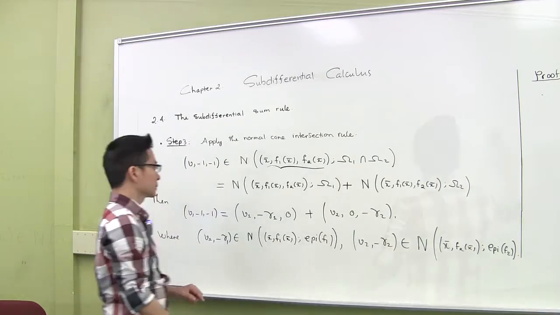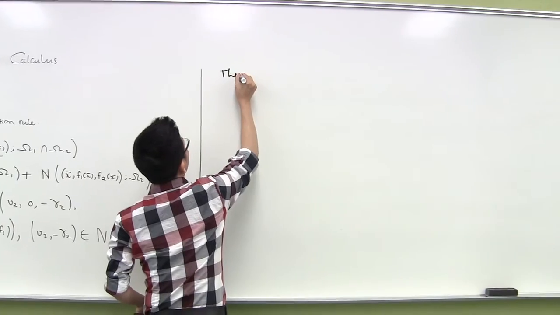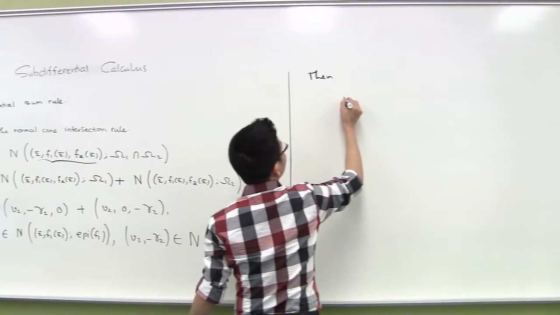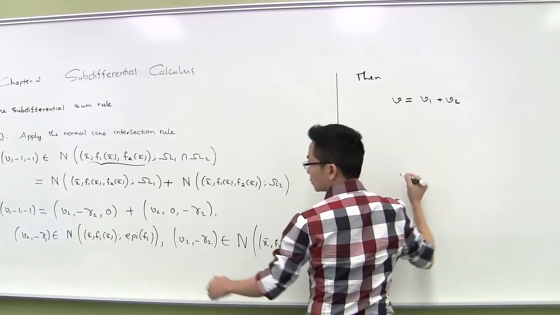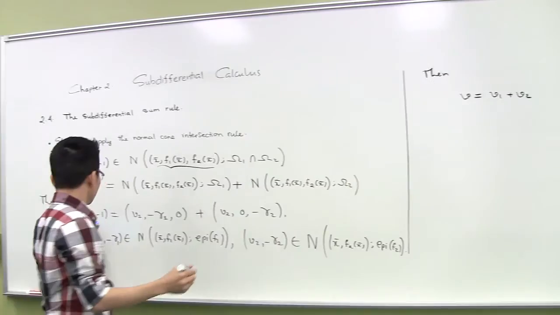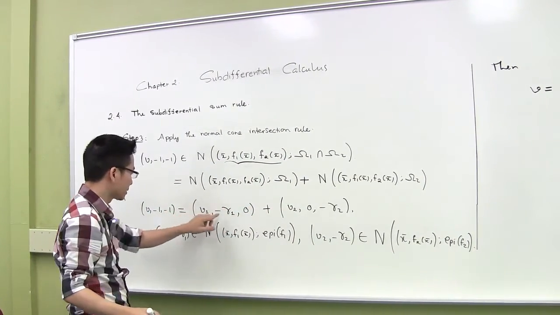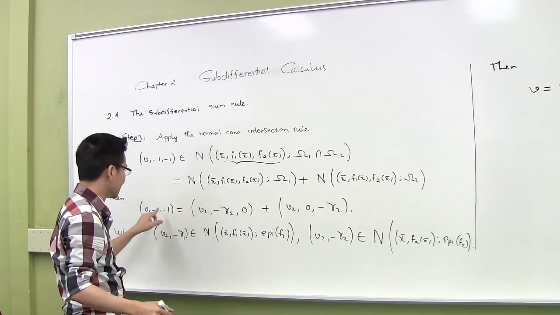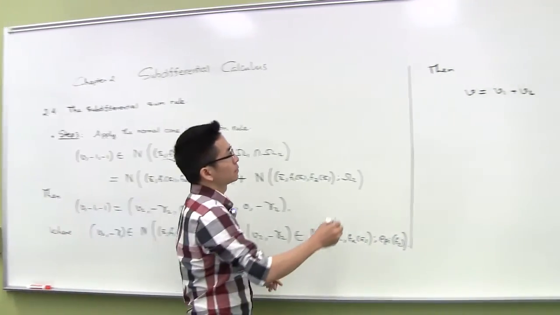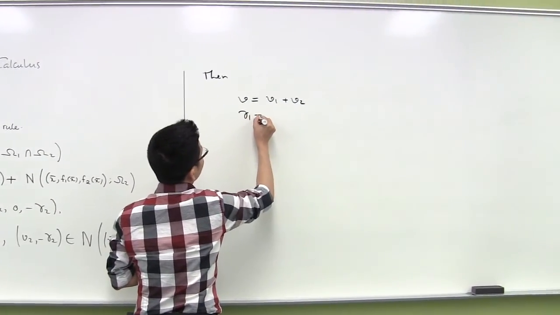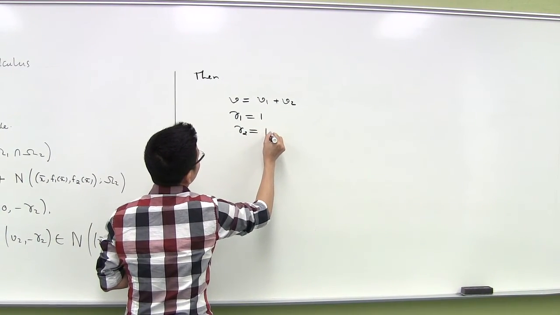Okay, so then we have the following. Then V can be written as V1 plus V2 because of this equation. V is equal to V1 plus V2. And then we also have that minus gamma 1 is equal to minus 1. So gamma 1 is equal to 1. And gamma 2 is also equal to 1. Okay?